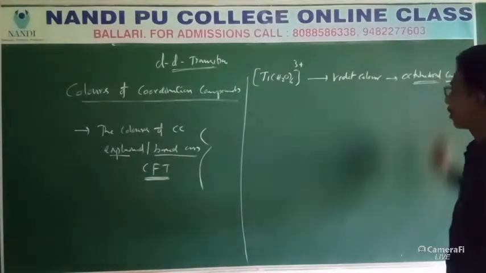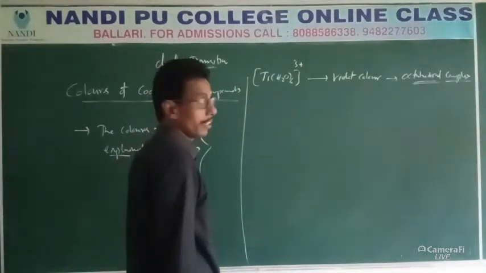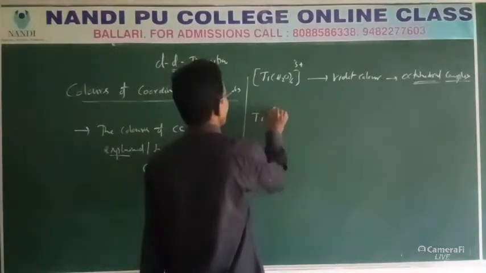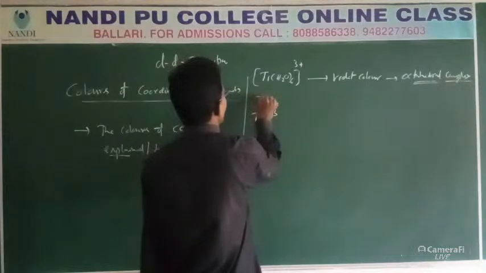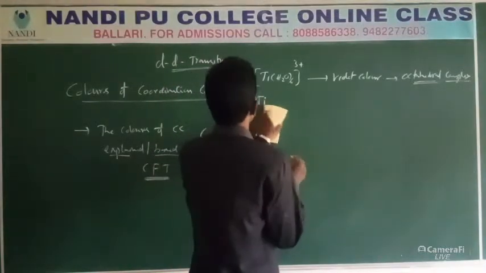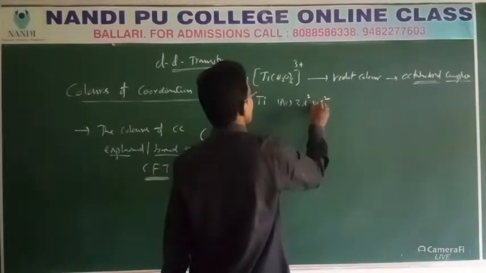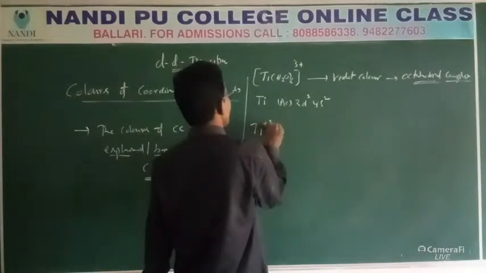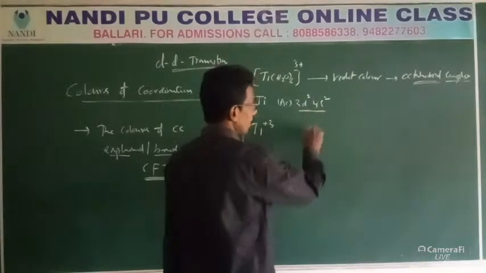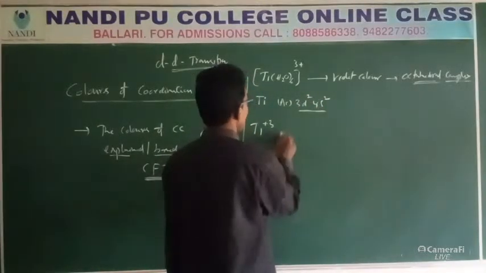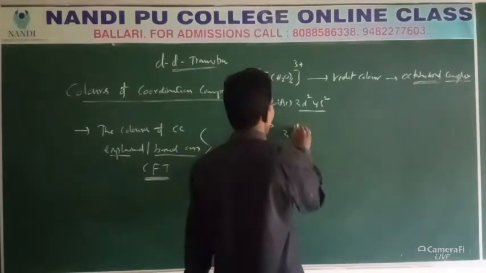Now what about titanium? The titanium oxidation state is +3. How many unpaired electrons are in titanium, children? Scandium, titanium. If any doubt, write titanium first. Titanium is argon 3d2 4s2. Ti 3+ means removal of three electrons, so it contains 3d1, only one electron.